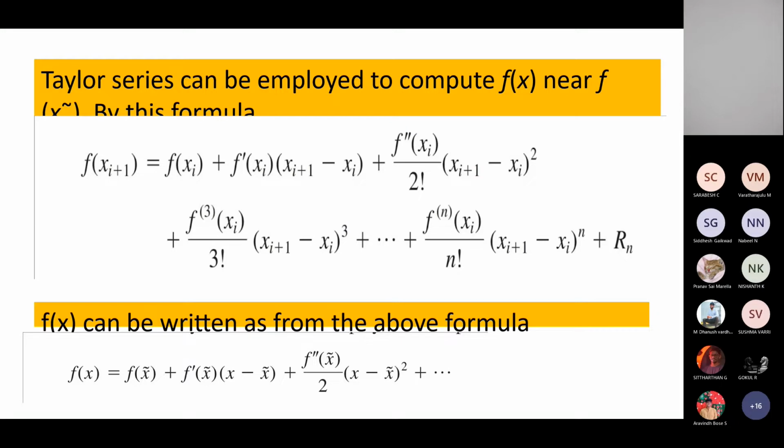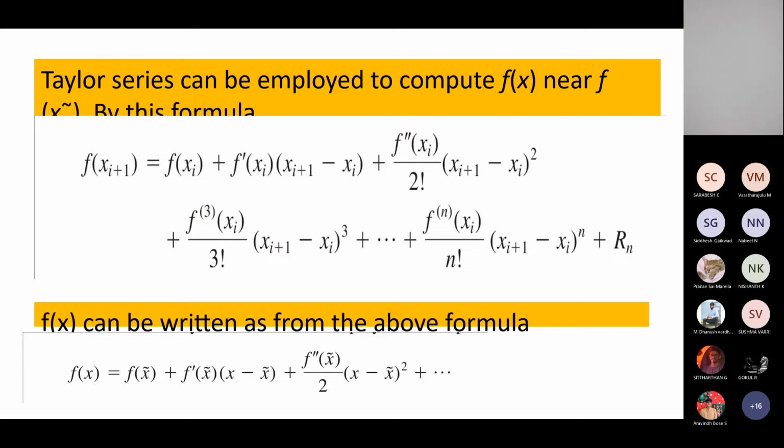So we use the Taylor series formula, that is, f of x i plus 1 equals f of x i plus f dash x i into x i plus 1 minus x i plus f double dash x i by 2 factorial into x i plus 1 minus x i whole square, and so on. Now we use the formula to calculate delta f of x bar.